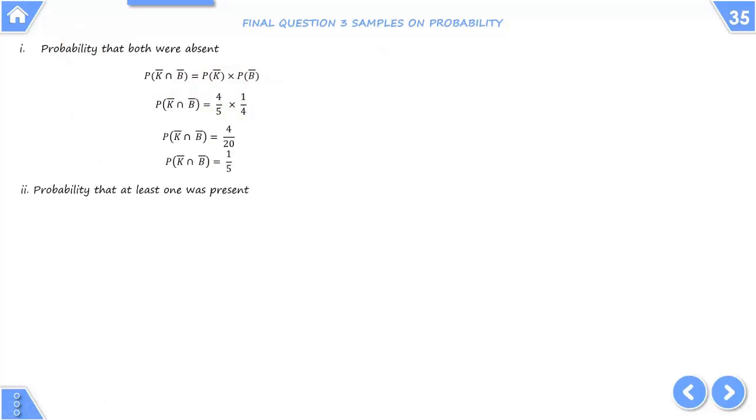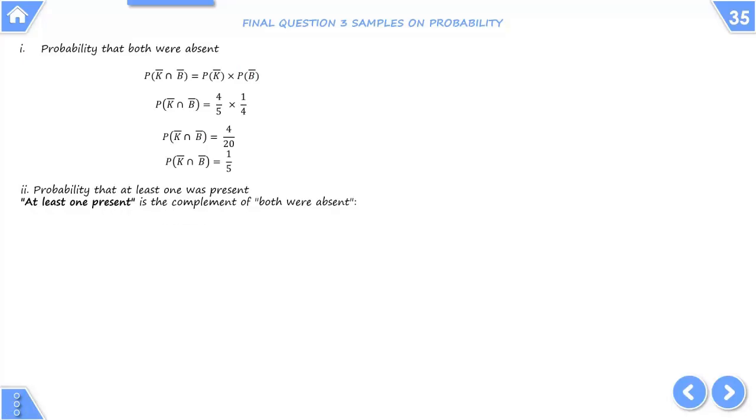Now you go on to probability that at least one was present. Probability that at least one was present is going to be the complement of both were absent, because at least one is present.